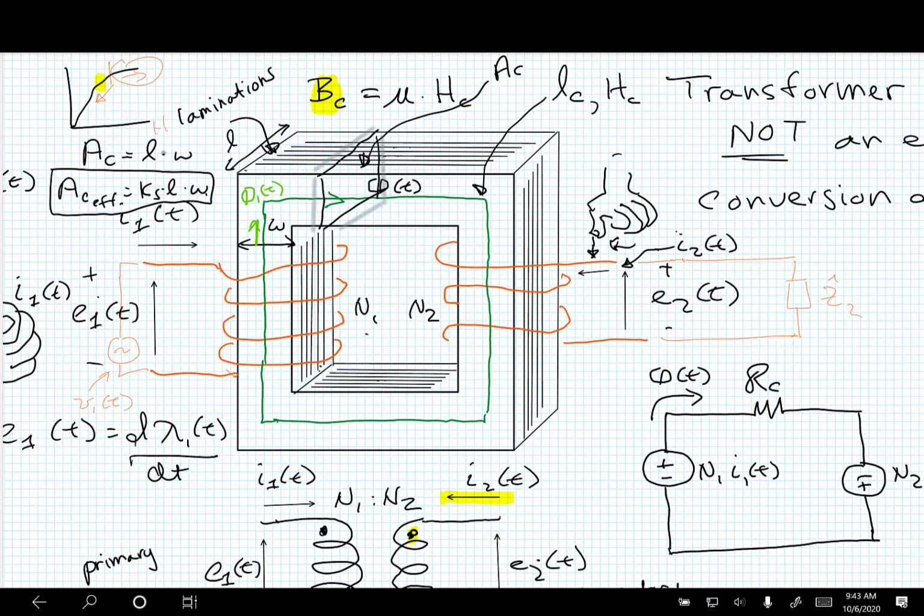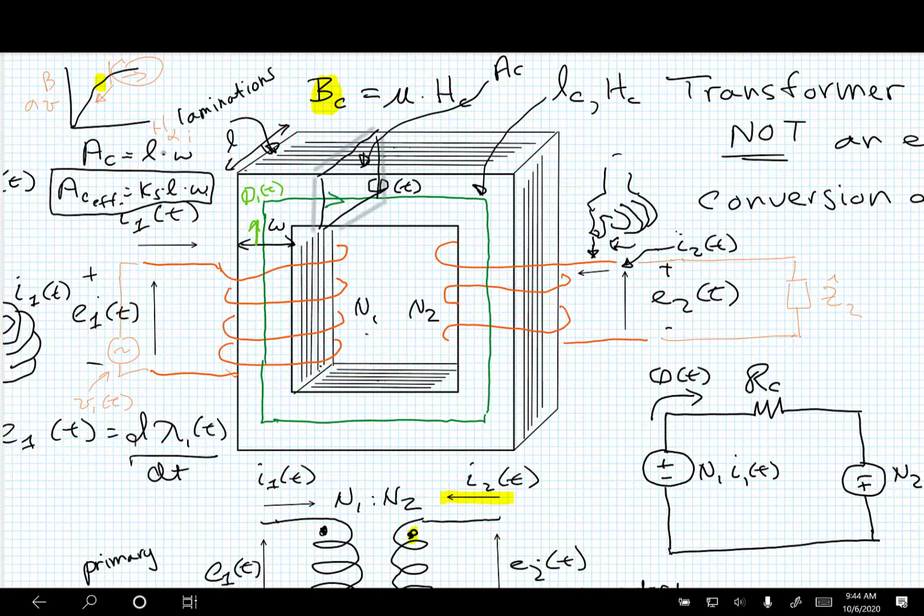H is proportional to current, B proportional to the voltage, and you'd get more what if you go further up the curve? What bad thing would you get that we talked about last time? Eddy currents? Yeah, losses, right? You're going to have more core loss. So you definitely don't want to go up the curve.